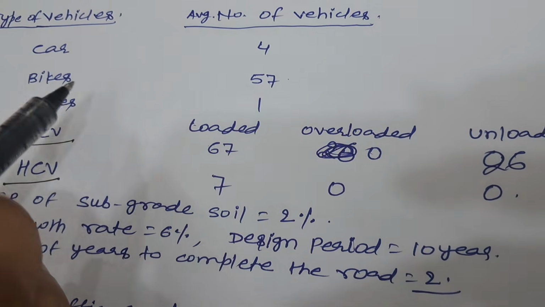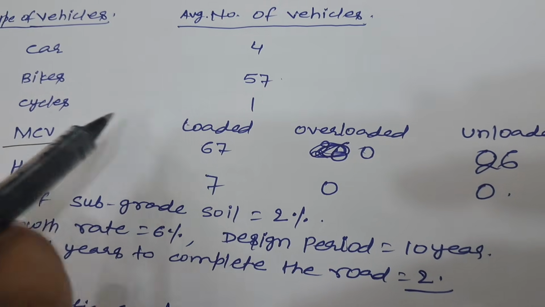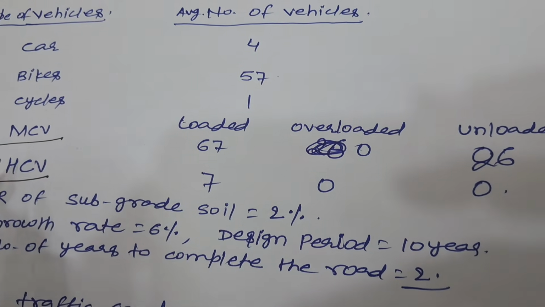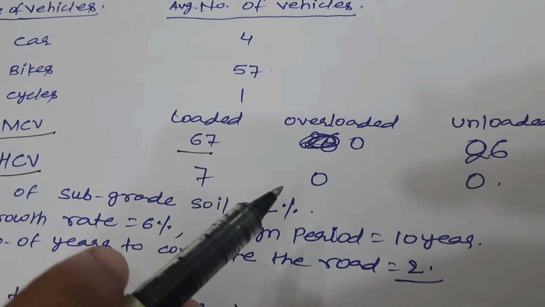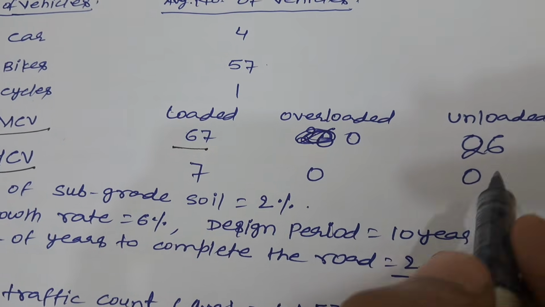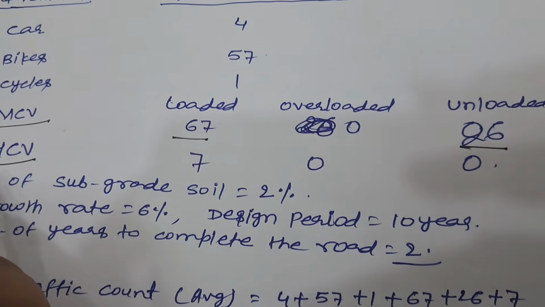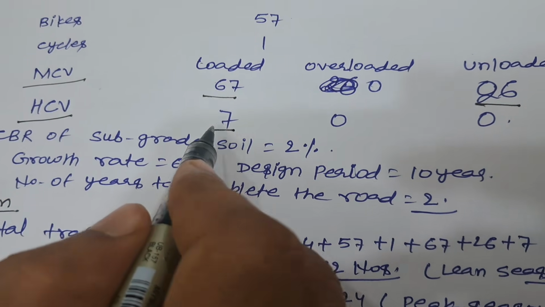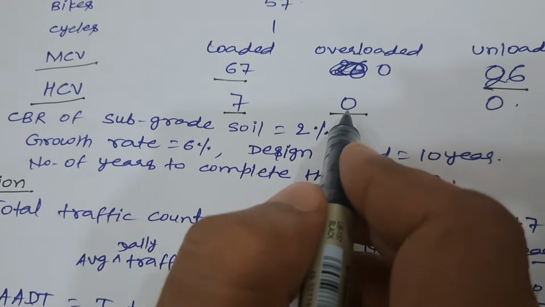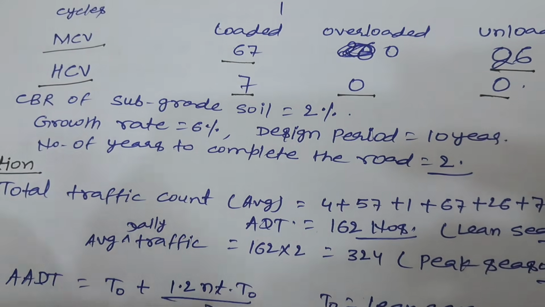Average numbers of vehicles are 4 cars, bikes 57, cycles 1, MCV loaded condition 67, for overloaded 0 and unloaded 26. And for HCV number of vehicles came 7 for loaded condition, 0 overloaded and 0 for unloaded.